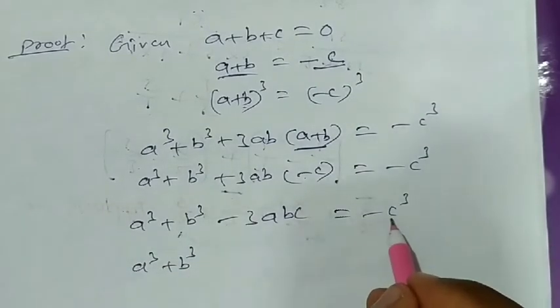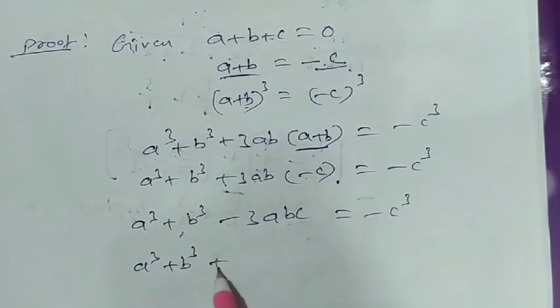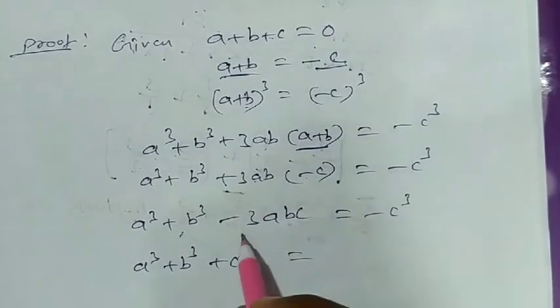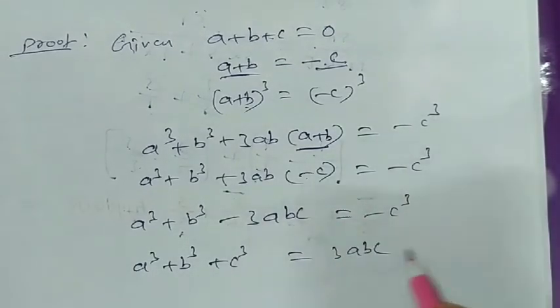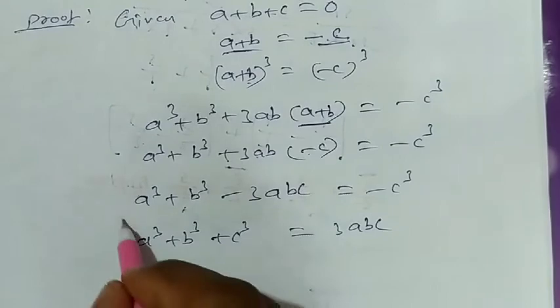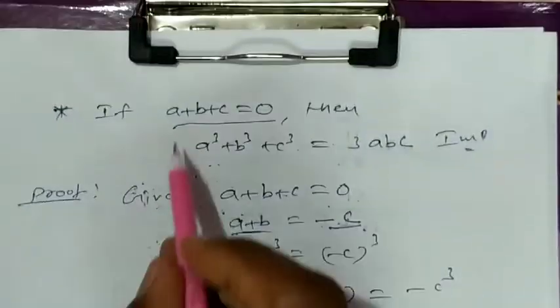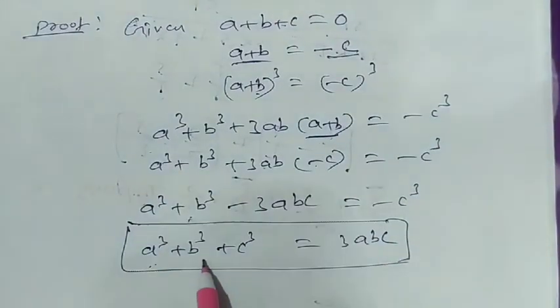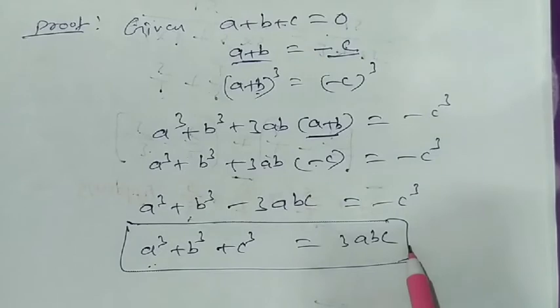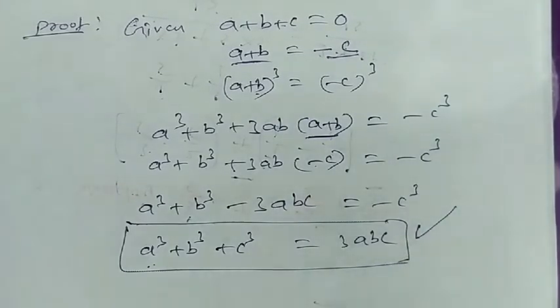So minus c cube transfer from right to left. It will become plus c cube. That is equal to plus 3abc, transferring minus 3abc from left to right. So this is the very important formula. If a plus b plus c equal to 0, then a cube plus b cube plus c cube is equal to 3abc. Okay, keep it in your mind. It is very important.